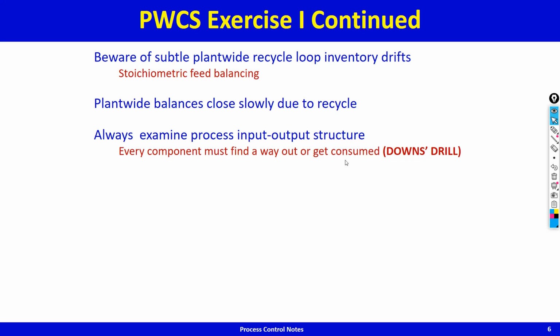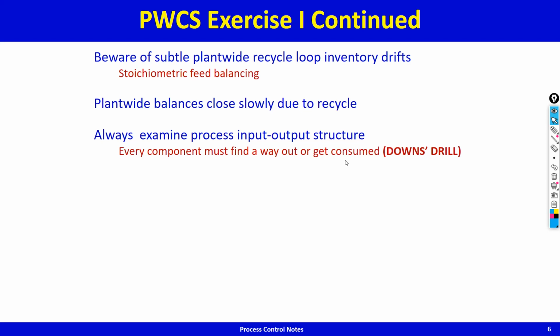And so there are always these possible subtle recycle loop inventory drifts, and so you got to be careful and be doubly sure that the material balance, particularly the overall material balance on the plant, is fully closed.